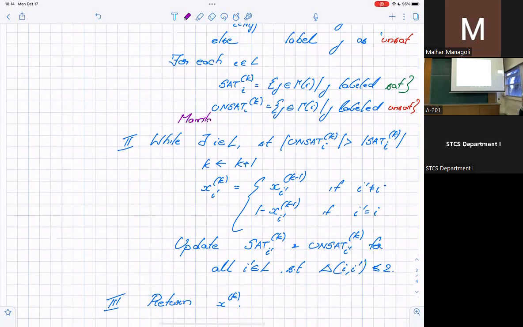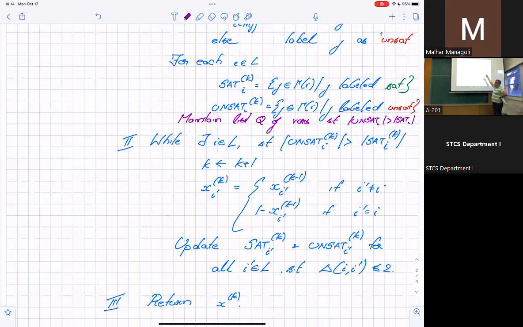Maintain a list, a queue, of variables such that unsat(i) is greater than sat(i). Just maintain that list. In the initial phase, that's fine, you can do that in linear time. Now, when you do this, you know only these guys change.